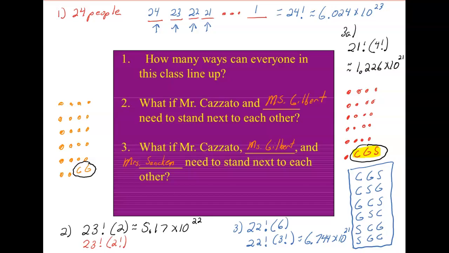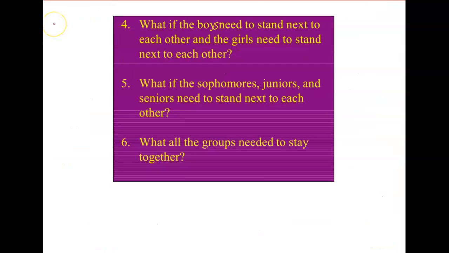Let's take a look at the next problem. So for problem number 4, let's just assume that there were 10 boys and 14 girls. So how many ways can the 10 boys and 14 girls stand in a line where all the boys are together, all the girls are together? So right now, there are 2 groups, boys and girls.